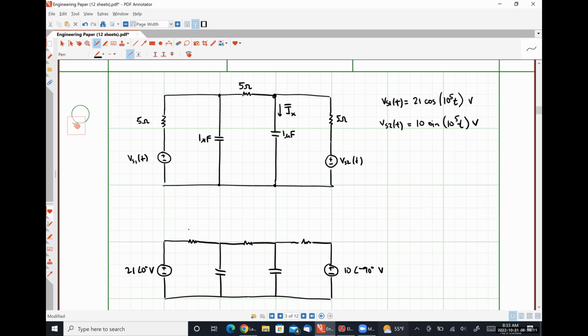All right. Now I'm going to convert our, sorry, getting ahead of myself, Ix of t. Converting this current into the frequency domain, we just replace it with a phasor current. Our 5 ohm resistors will remain 5 ohm resistors. What is the impedance of our capacitor going to be?